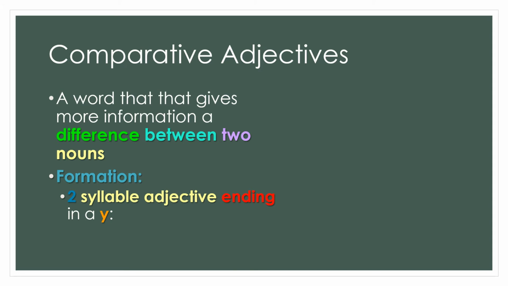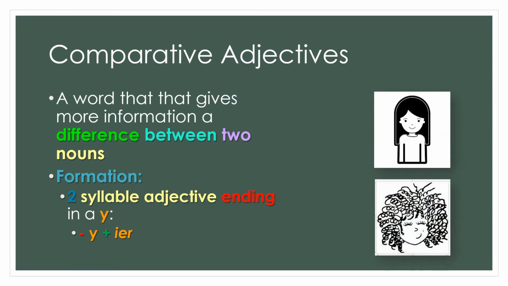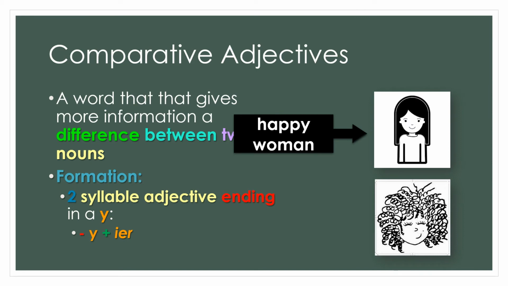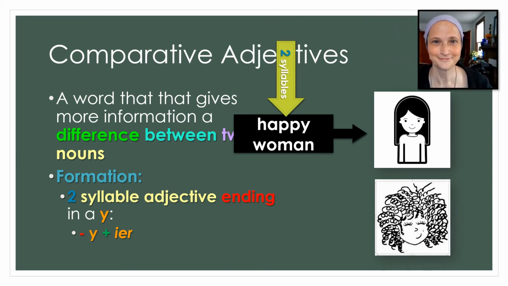If you have a two-syllable adjective ending in the letter Y, you will take away the Y and add IER. For example, happy woman. Happy, two syllables.